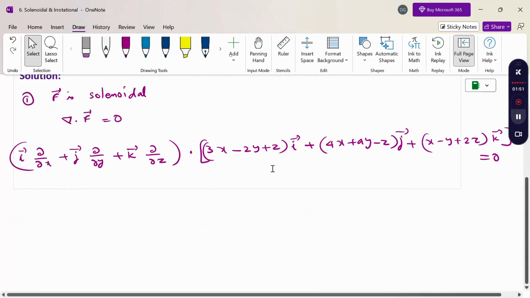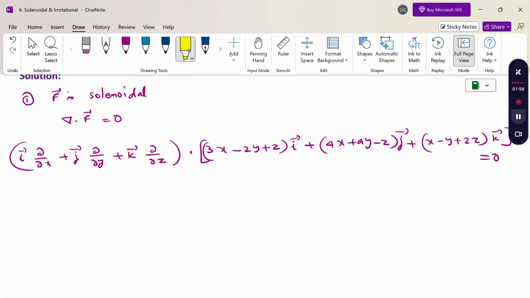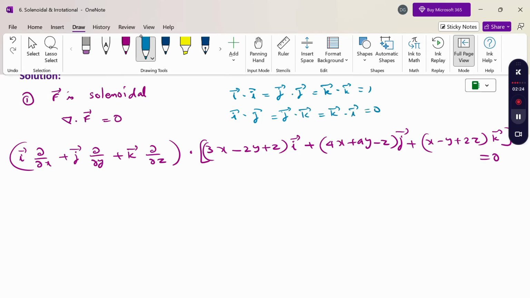Now i dot i value 1, j dot j value 1, k dot k value 1, and the other values i dot j, j dot i, j dot k, k dot i, k dot j are 0.